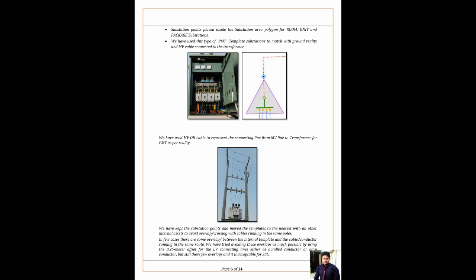In a few cases there is some overlap between the internal template and the cable conductor running in the same route. We have tried avoiding these overlaps as much as possible by using the 0.25 meter offset for the LV connecting lines, either as bundled conductor or bare conductor, but there are still a few overlaps and it is acceptable for SEC.